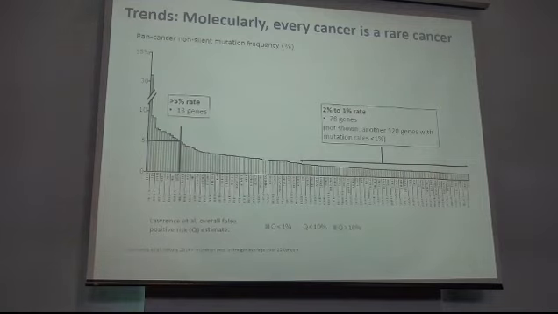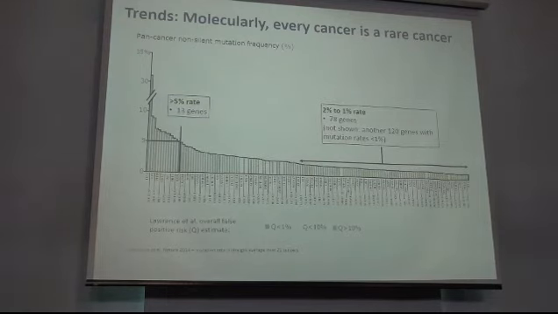So this was a paper in Nature last year. They looked at the 20 most common cancers, stuff like bowel cancer, breast cancer, ovarian cancer, lung cancer, and asked the question: molecularly, how similar are all those cancers?